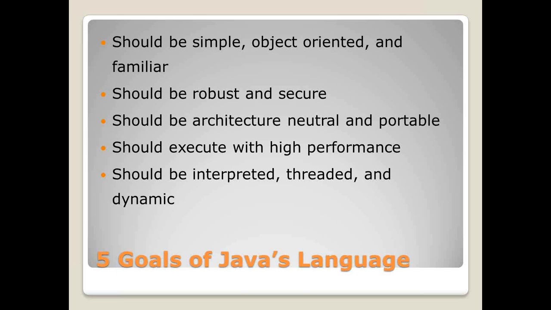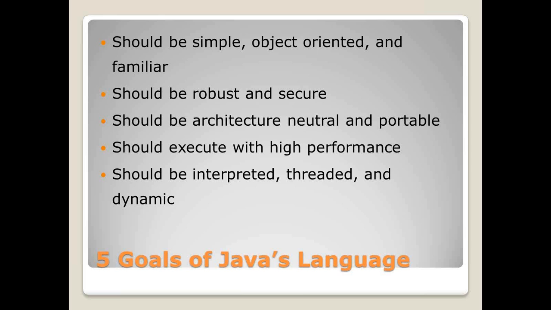So in such a situation, the industry wanted to create a language that should be very simple, support object-oriented programming, and be familiar. Familiar means they want to capture the market. That's why they wanted to develop a language that is developer-familiar. And it should support features like security and robustness, and it should be architecture neutral.